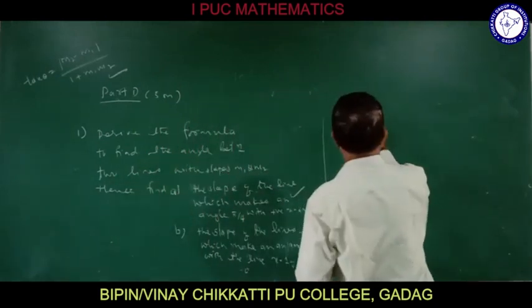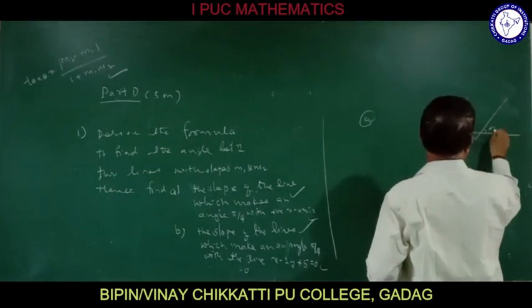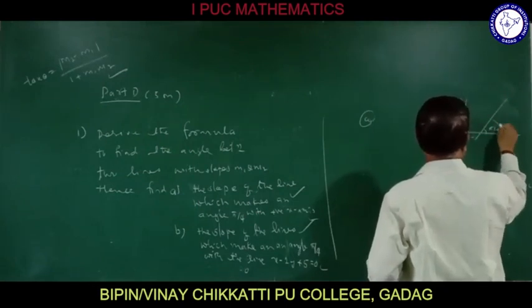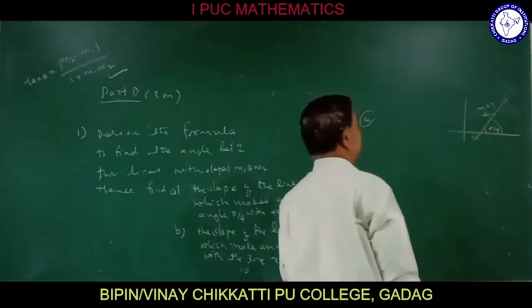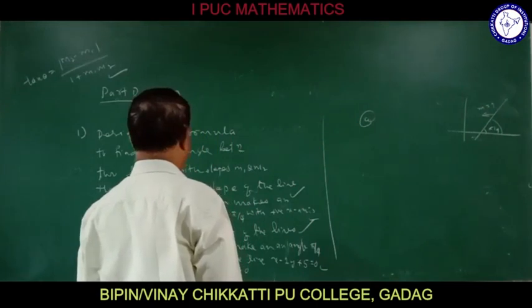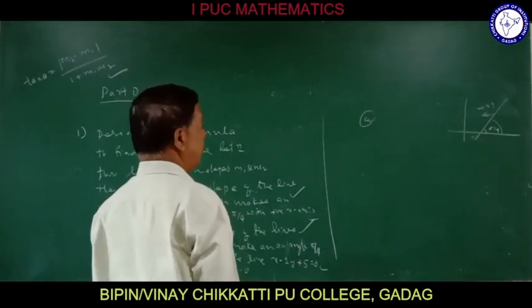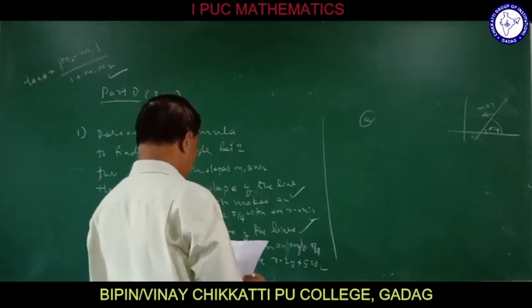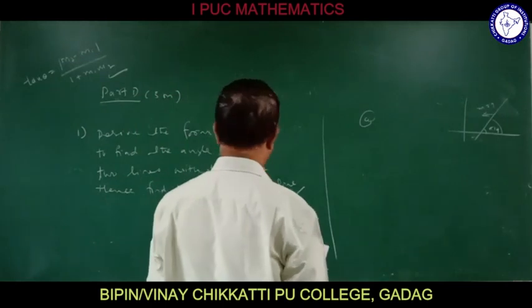Look, I am explaining that part A. The line makes an angle pi by 4, and what is the slope of this line? The question is the slope of the line which makes pi by 4 with the positive direction of x-axis. So how that can be proved, I am explaining.